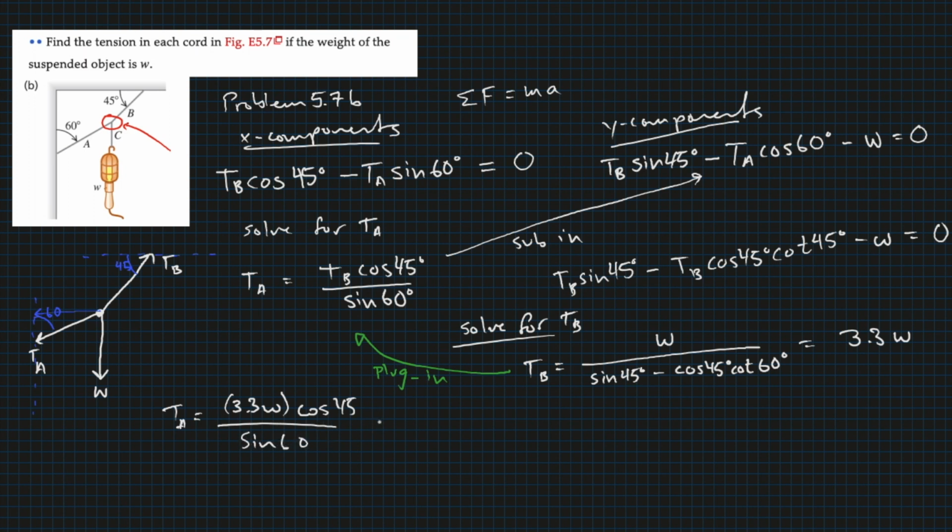And plugging that into our calculator, all that comes out to be 2.7 W. So total answer for this, tension C is easy enough. That was something we assumed at the beginning. That's just equal to W. Tension A is equal to 2.7 W, and tension B is equal to 3.3 W.